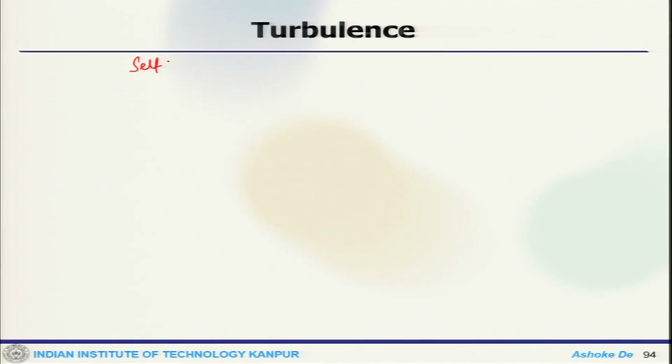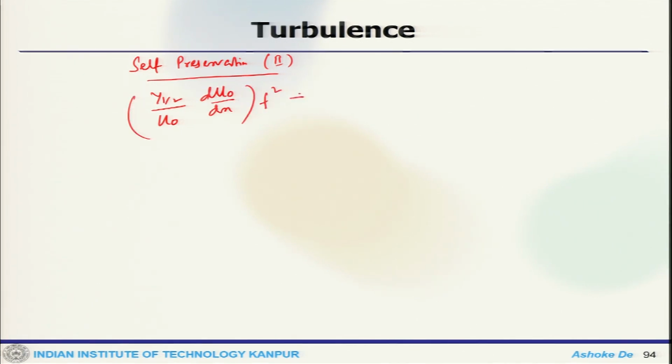So, then my self preservation would provide me, substituting the self similar solution into the x momentum equation, we get y half by u naught du naught by dx f square minus 1 by u naught by dx f prime f, 1 by R_ET f double prime.